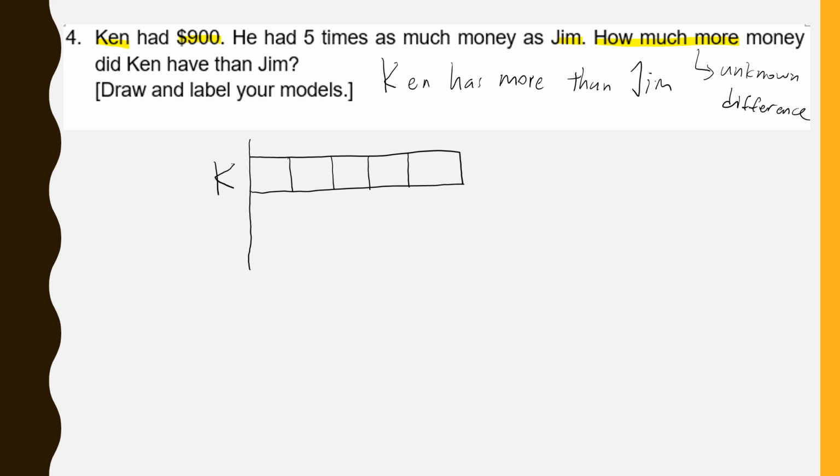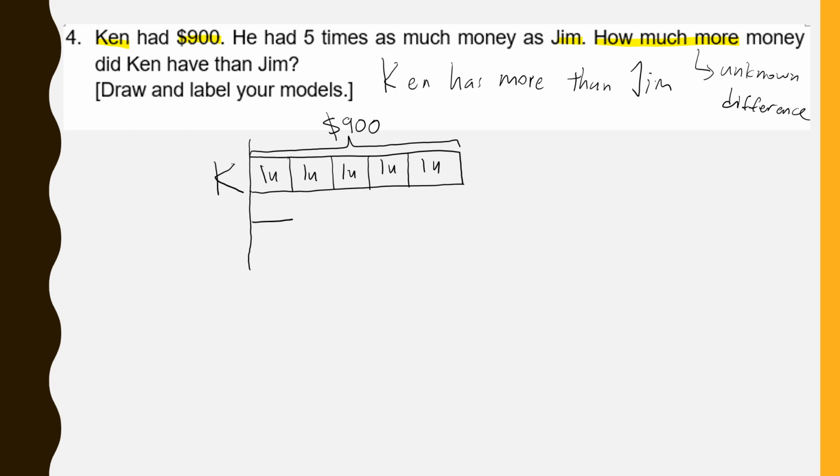Ken has $900. And then he has 5 times as much money as Jim, so I'll write down 1 unit, 1 unit, 1 unit, 1 unit, 1 unit.